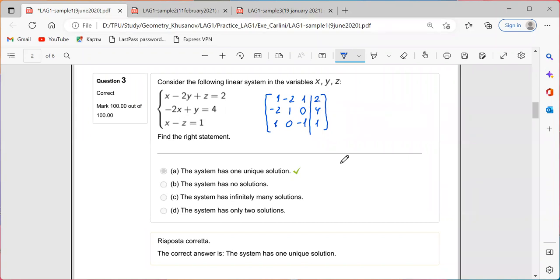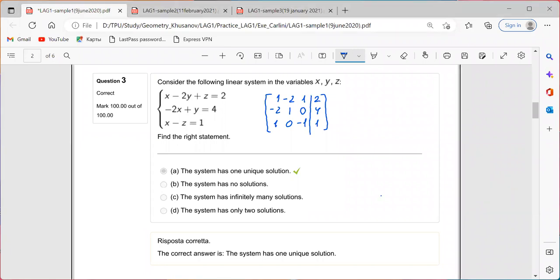Sometimes in this quiz, instead of augmented matrix, you can meet the term complete matrix. Complete matrix and augmented matrix are just synonyms. Okay, then we have to just use Gauss elimination.